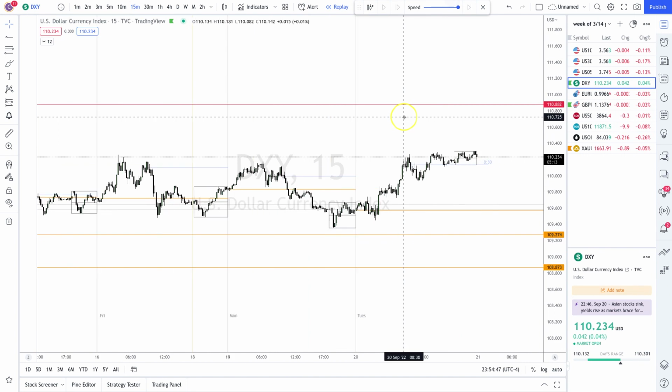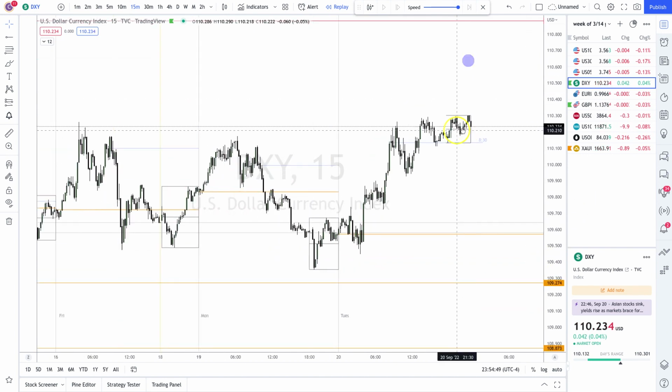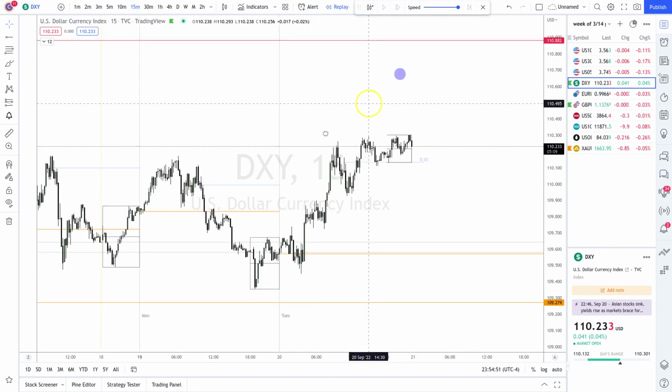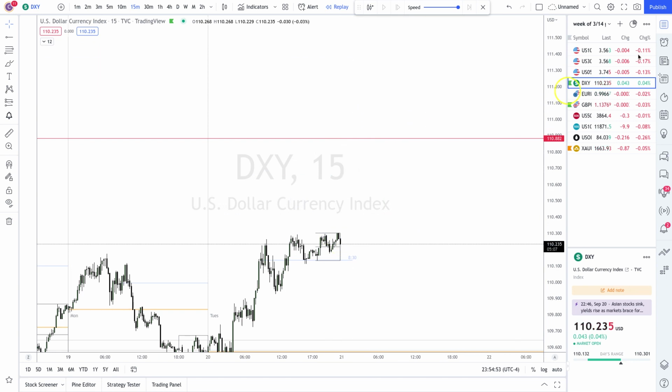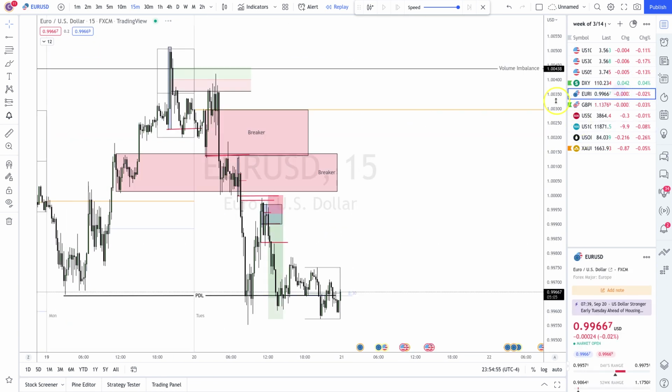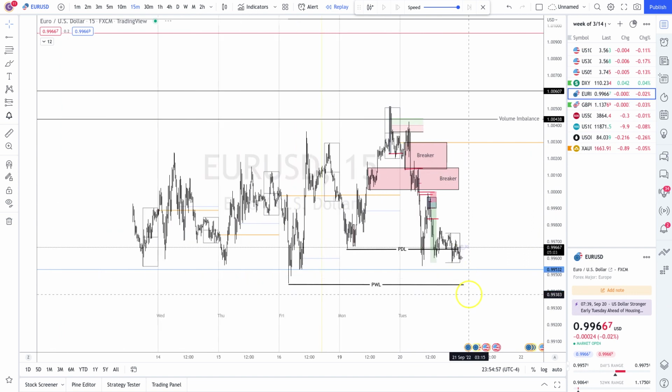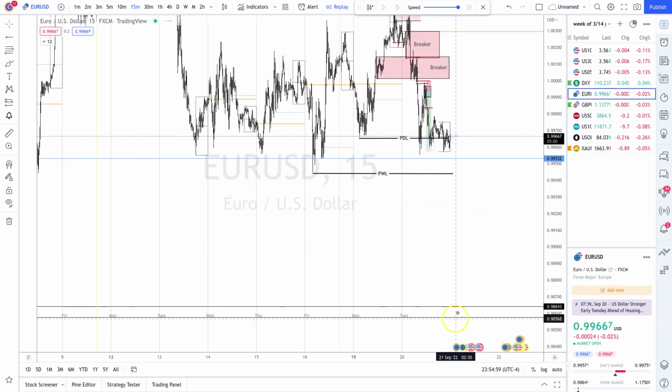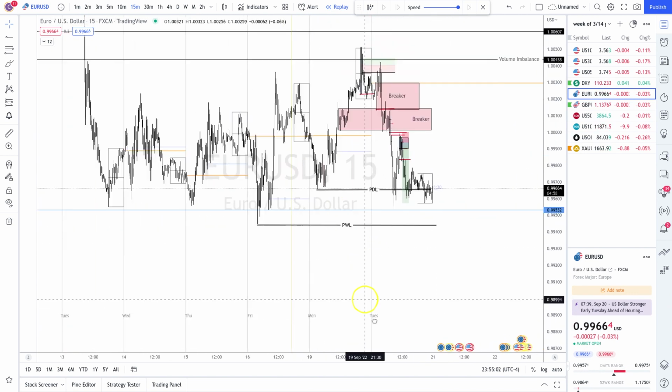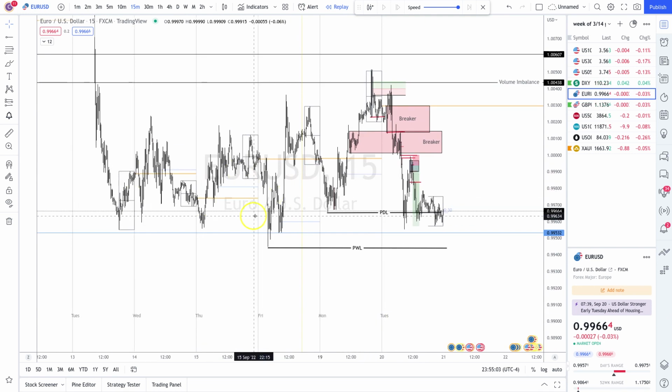Which we still have some room to go, right? So, I think this run up would possibly be equivalent to seeing this run down on the euro, right? Euro is still kind of within this range, right?